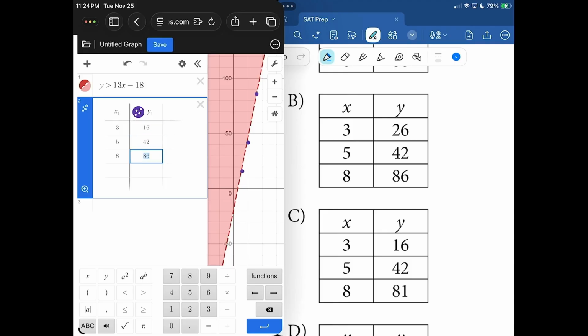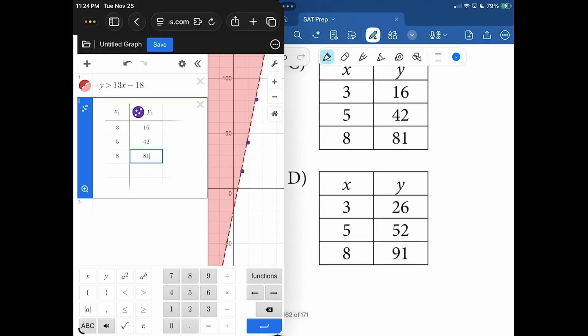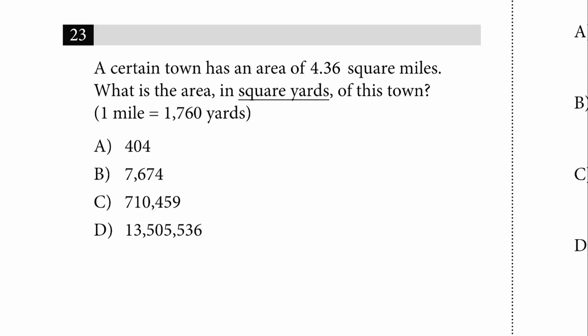So now we have 16, 42, and 81. Those are all outside. So by process of elimination, it has to be D. But let's just go ahead and check. Okay, and now you can see that all of our solutions are inside the red line, so our answer is D.